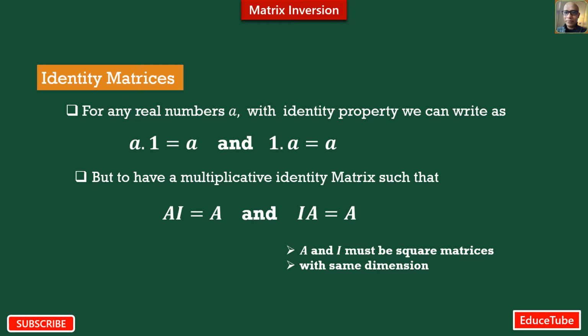And also we can write 1 into A equal to A. It means the product of 1 and A is A.